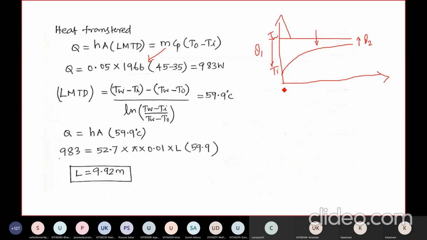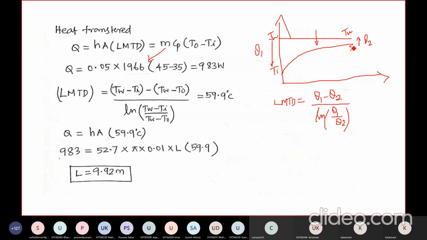So your logarithmic mean temperature difference, LMTD formula, is nothing but (theta 1 minus theta 2) divided by ln of (theta 1 divided by theta 2), where theta 1 is nothing but T_w minus T_i, and theta 2 is nothing but T_w, also maintained constant, minus T outlet.